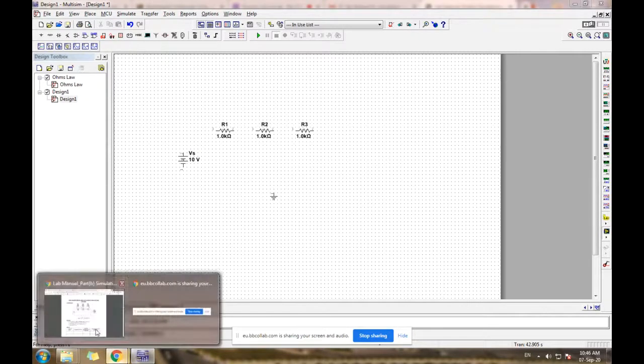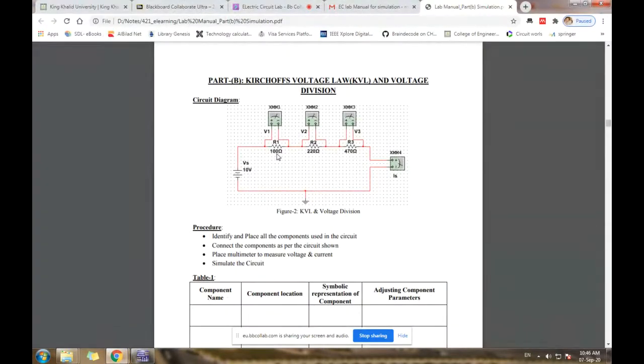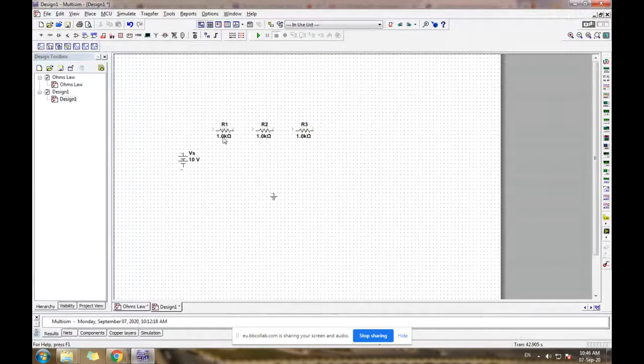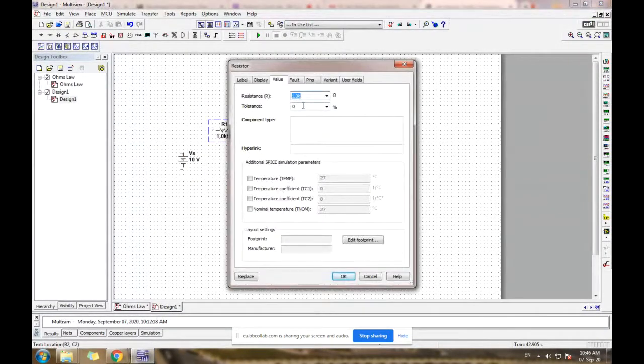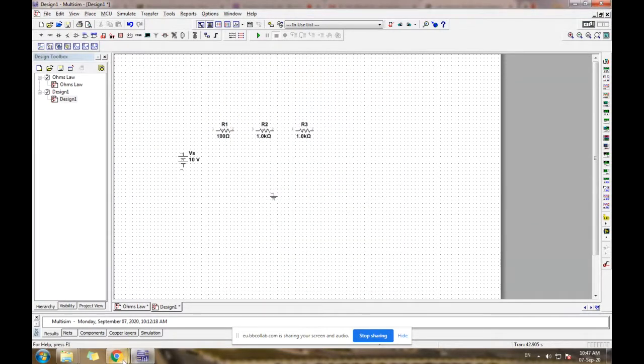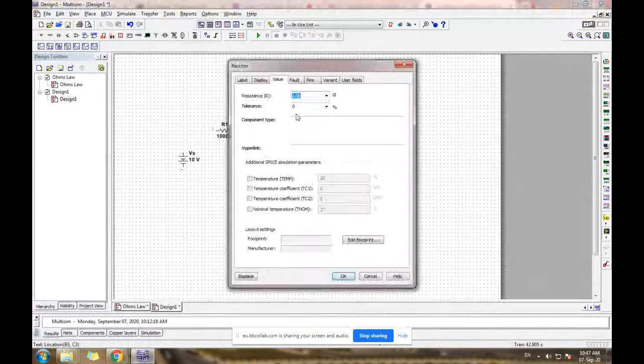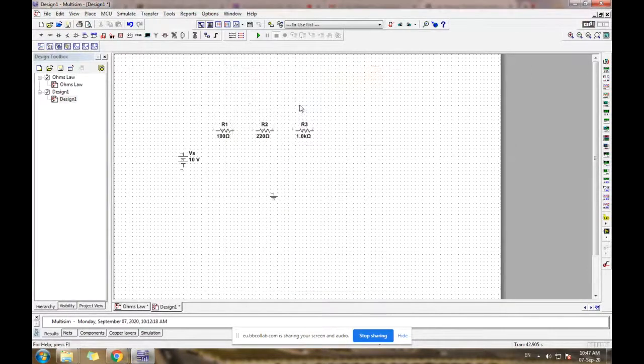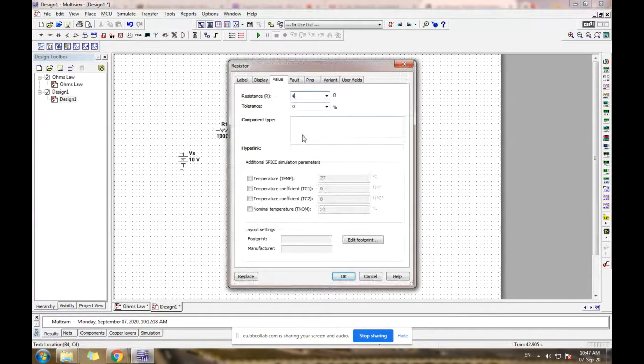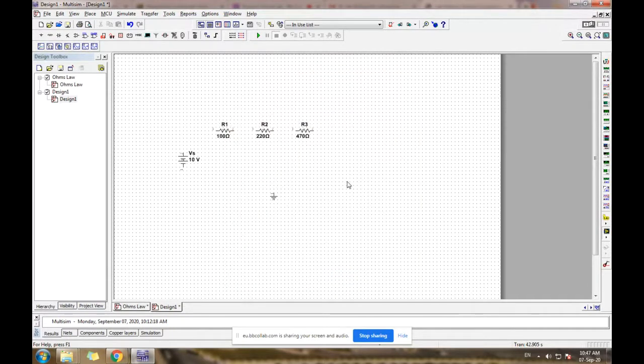Next, from the lab manual, this is R1 and 100 ohms. So you have to make it 100. Double click it, make it 100. Okay, press OK. So this is 100 ohms. What is the value of R2? 220. R3 is 470. So let us put R2 as 220 and R3 as 470. Is it clear till here?